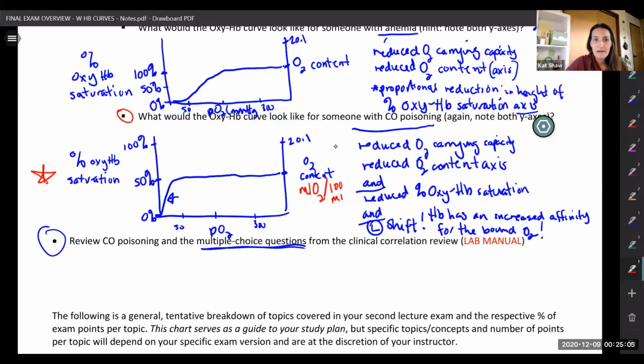Then the actual diagram that's drawn here, the oxyhemoglobin curve, shows us that we have half the oxygen content of what we would expect for an individual that has a normal hemoglobin concentration. But it's totally possible that this individual has a normal hemoglobin concentration.